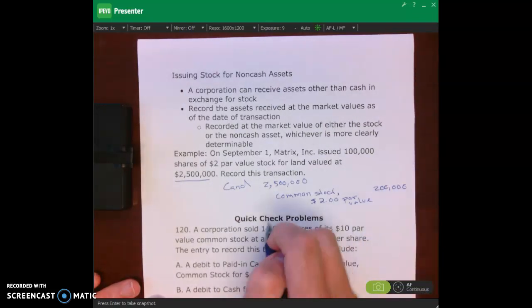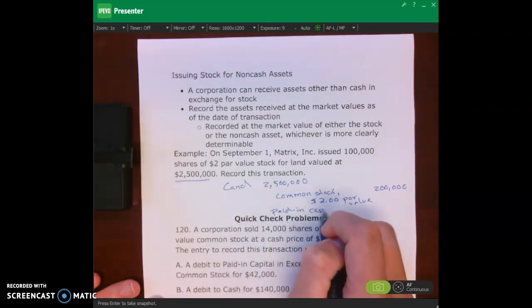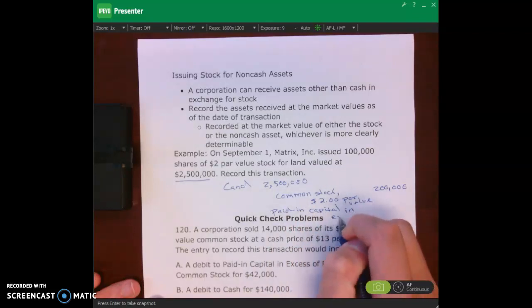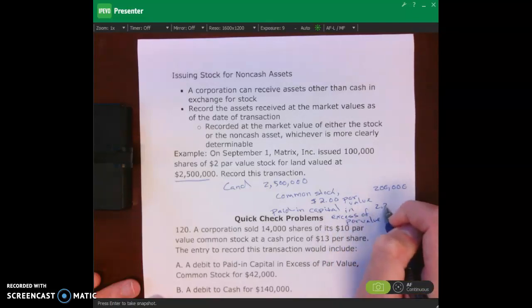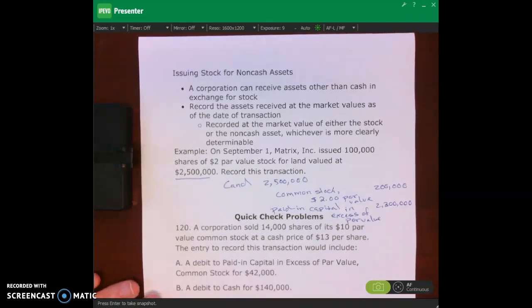And then we credit our old friend paid in capital, which is another equity account, in excess of par value for the $2,300,000. And that becomes our full journal entry. So it's similar to what we did earlier when we showed, well, let's do our issue stock at a premium, but rather than debiting cash, we debit the land.